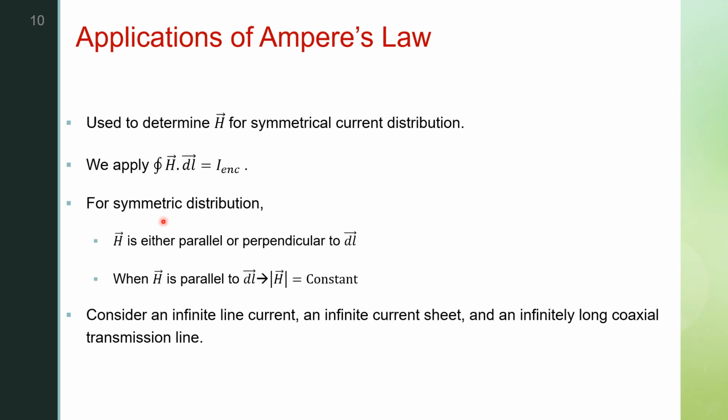For symmetric distribution, H is either parallel or perpendicular to the element dl. When the magnetic field is parallel to dl, that implies the magnitude of magnetic field intensity is constant. So now we will see how to apply Ampere's circuital law to an infinite line current, to an infinite current sheet, and to an infinitely long coaxial transmission line, and how to determine the magnetic field intensity with the help of Ampere's law.